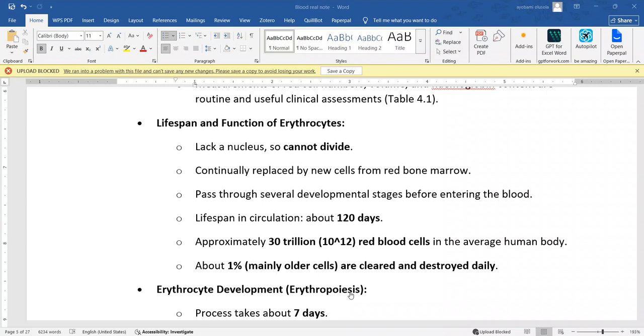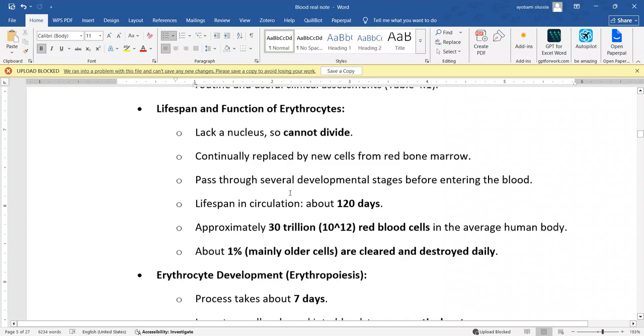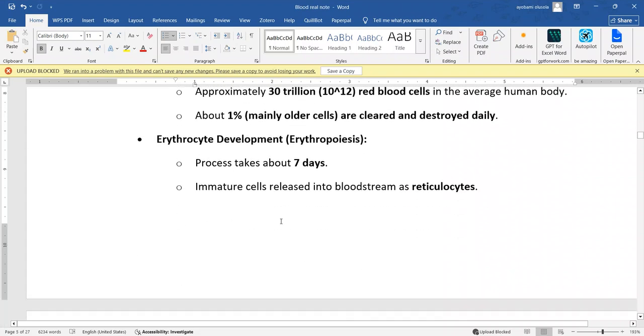So there are about 30 trillion of them, and about 1% of these 30 trillion are cleared every day and destroyed. Now, what do we call the process of blood cell formation?